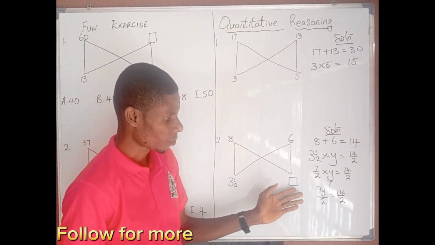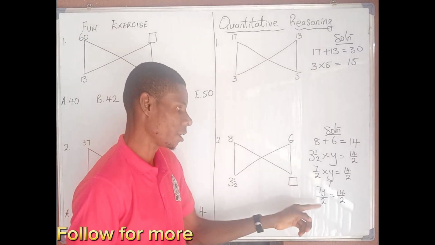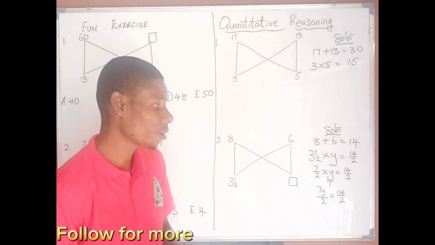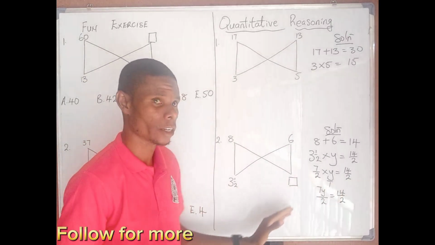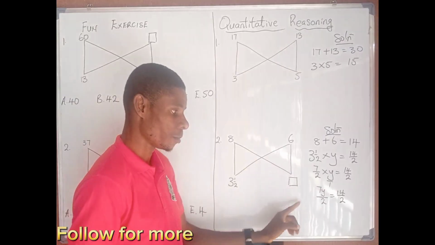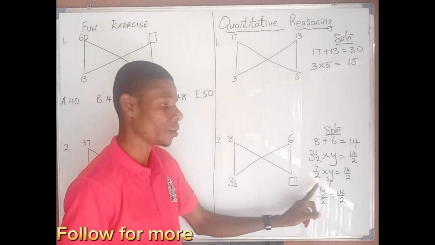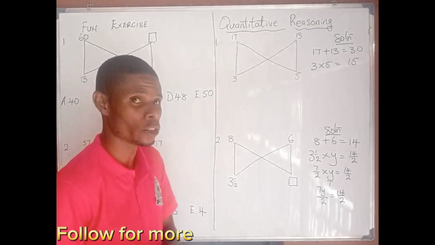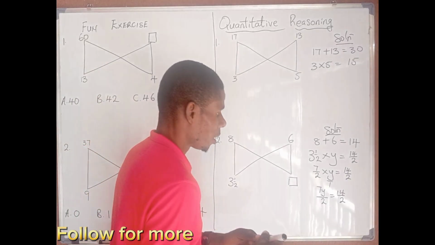Okay, now our target here is to find the value of the unknown. Since it's multiplying and we have a denominator here, we need to cross multiply, or we divide both sides by 7 over 2, or we multiply both sides by the inverse of the coefficient of y, which is 2 over 7. Whichever way we approach it, we are still going to have the same answer.